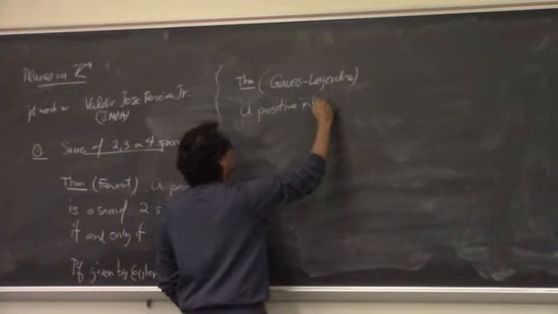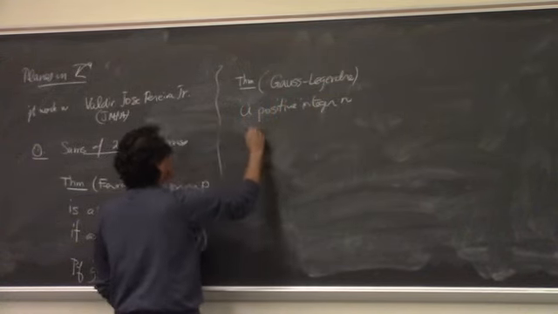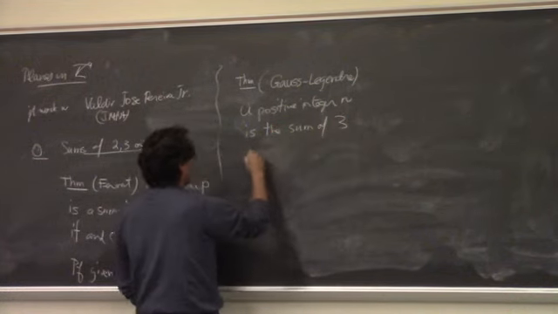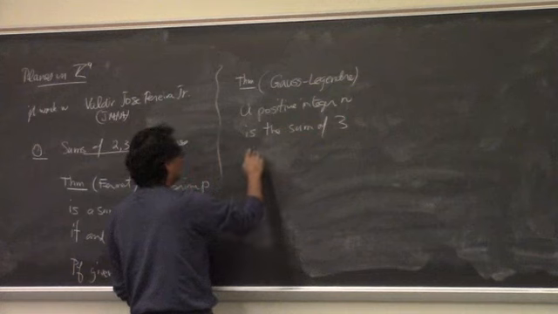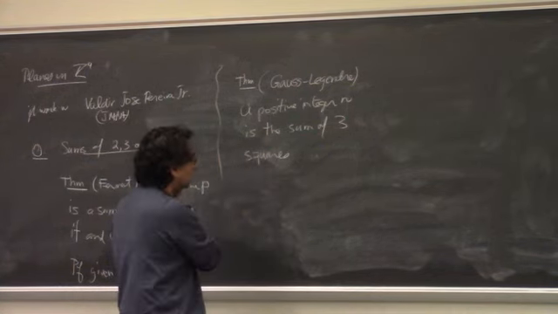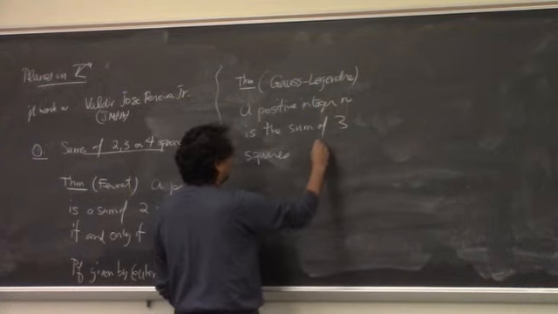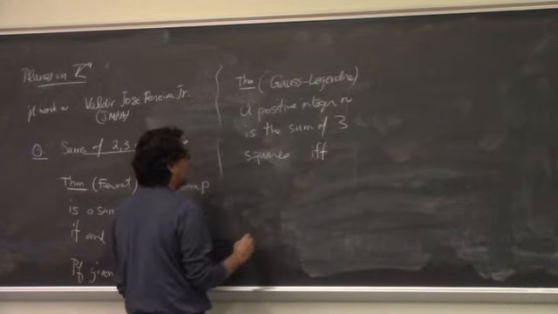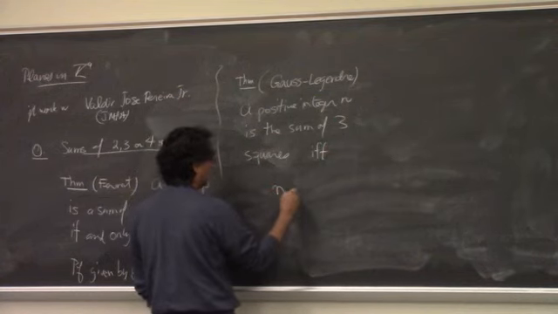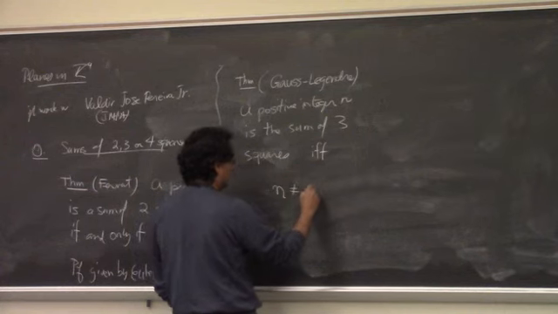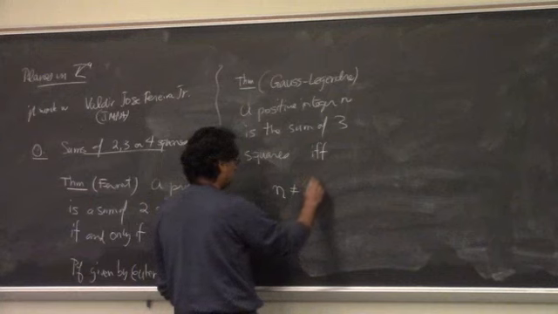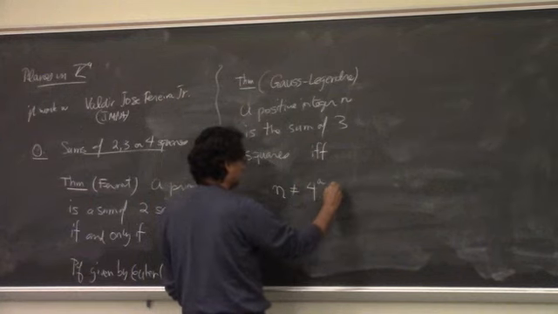A positive integer n is the sum of 3 squares if and only if n is not of the form 7 mod 8, or 4 to some power times that.